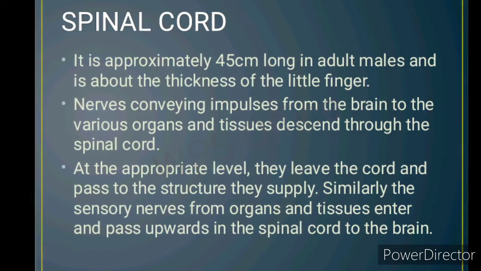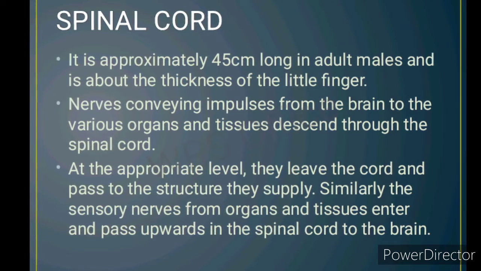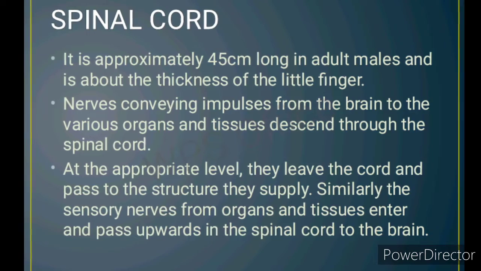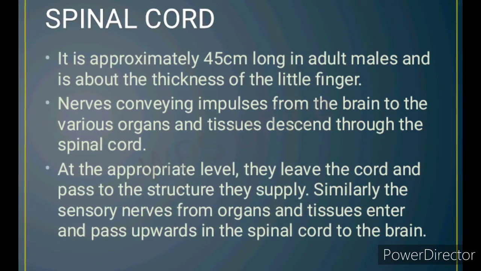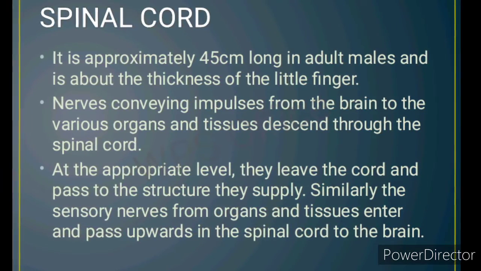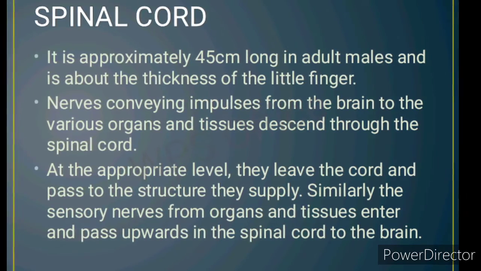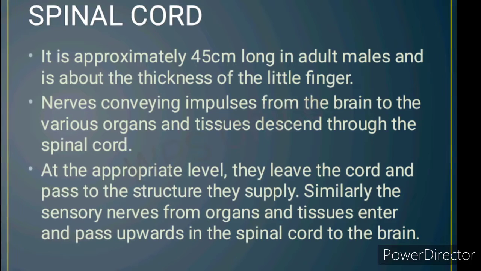At the appropriate level, they leave the cord and pass to the structure they supply. Similarly, sensory nerves from organs and tissues enter and pass upwards in the spinal cord to the brain. The spinal cord has different levels: the cervical level, thoracic level, lumbar level, and sacral level, and all these levels supply their appropriate areas.